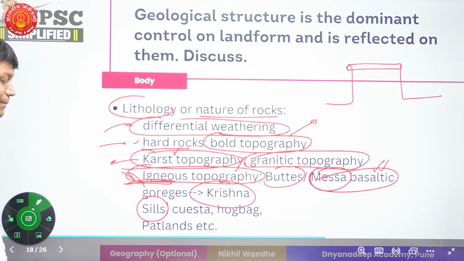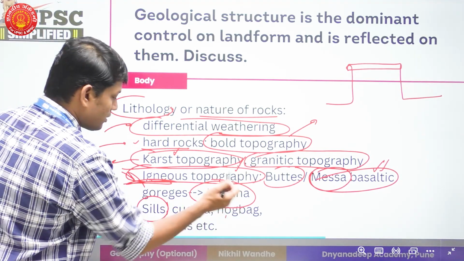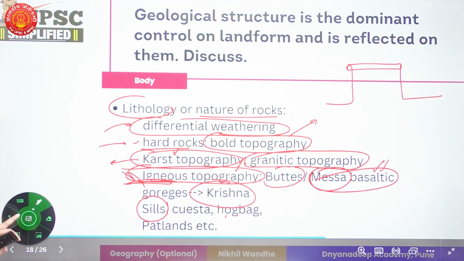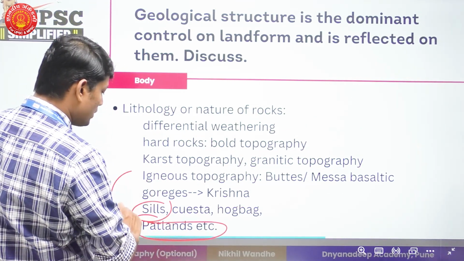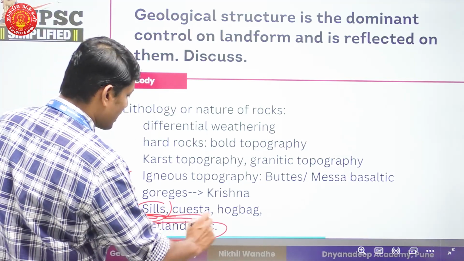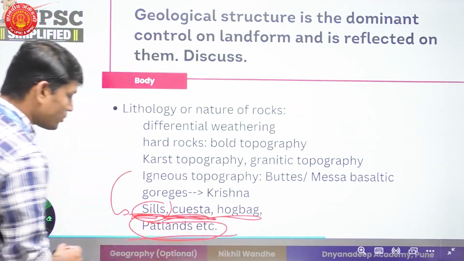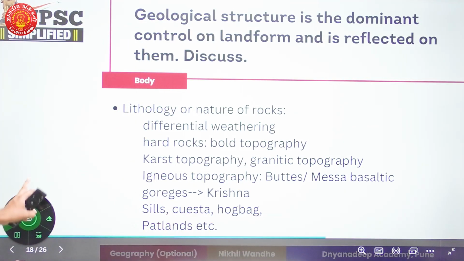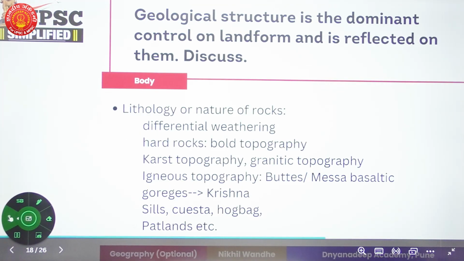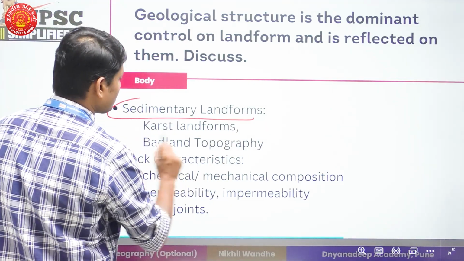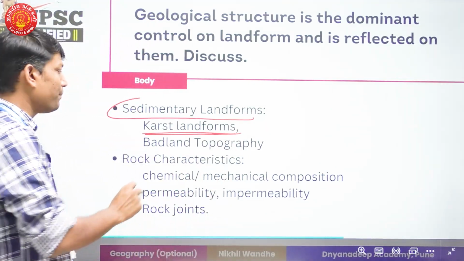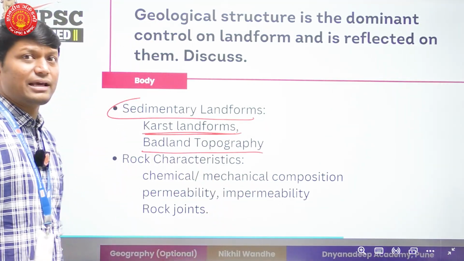If we have sedimentary rock, right, there will be different topography. Okay, so there are some examples which have been given when it comes to igneous rocks. In igneous rocks case, we have sills, dykes, hogback topography, or even the formation of badlands. If I have sedimentary landform, karst is an example, badland topography is an example.